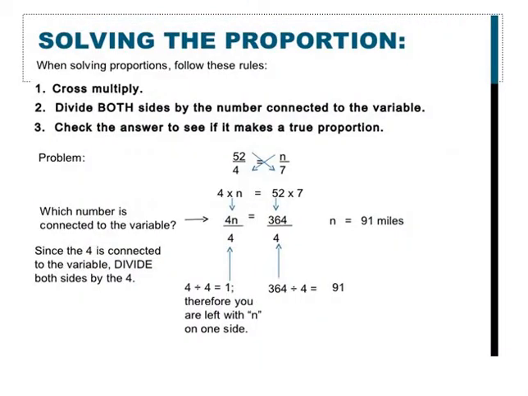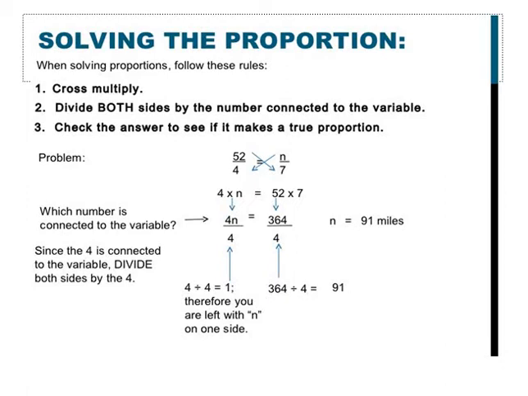Now, as you can notice, they tell us about the steps of solving proportions in this slide. When solving proportions, follow these rules. First of all, you cross multiply, then divide both sides by the number connected to the variable. Why, miss? Because I want my variable to be alone.